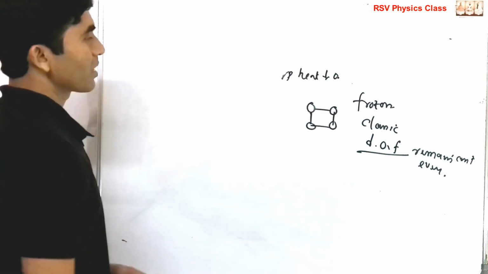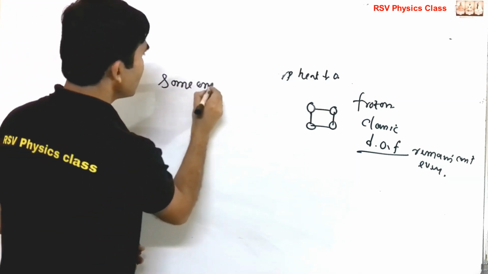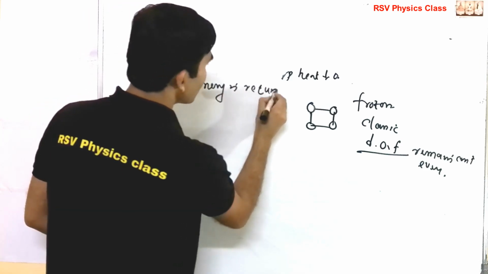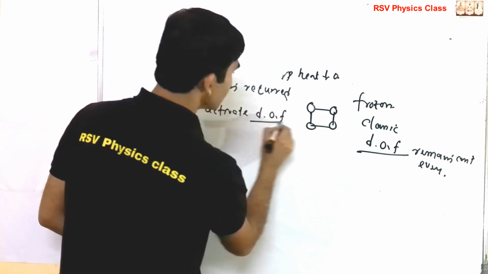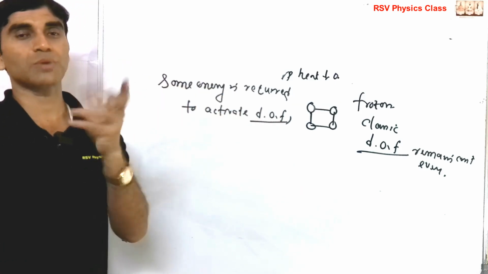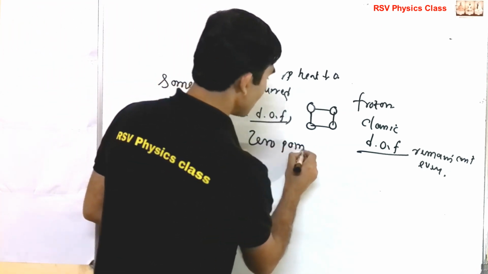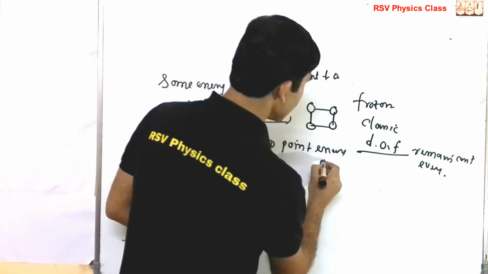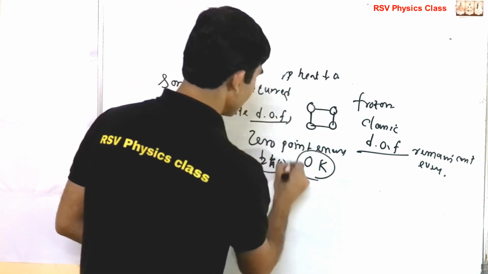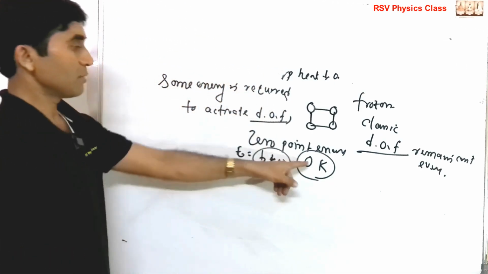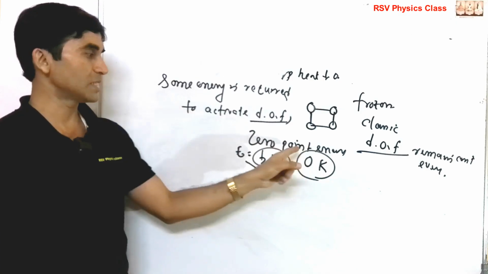So even for degrees of freedom, some energy is required to activate degrees of freedom. कुछ एनर्जी तो रहना चाहिए, नहीं तो डिग्रीज ऑफ फ्रीडम कहाँ, मतलब उसका तो वाइब्रेशन सब स्टॉप हो जाएगा. So there comes the zero point energy. Even at absolute zero temperature, there is ½ h cross omega. आप देखोगे बाद में, मतलब even at 0 Kelvin temperature there is a small energy. This is called zero point energy.